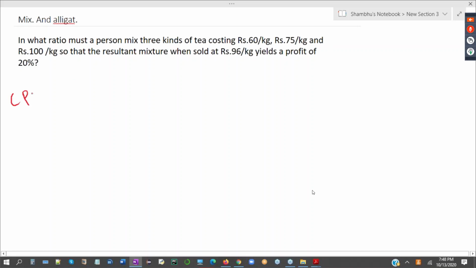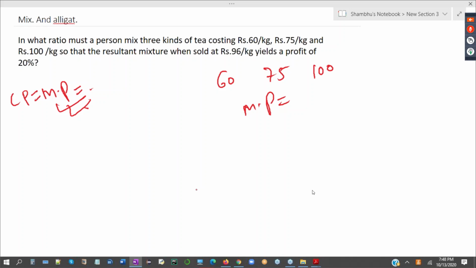Here also you calculate CP, and that CP will be the mean price. Then with the 3 items, 60, 75, 100, you find the ratio by taking 2 pairs, 2 groups, as I told you. We will not solve it right now. You have to do it by yourself.